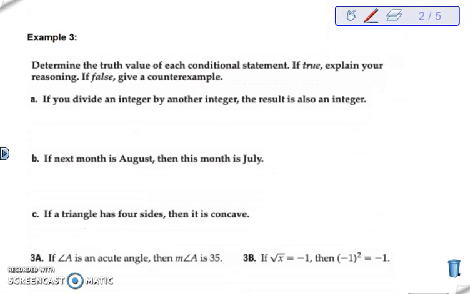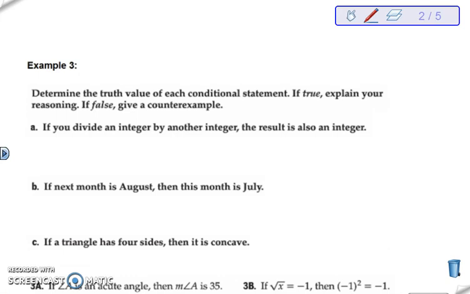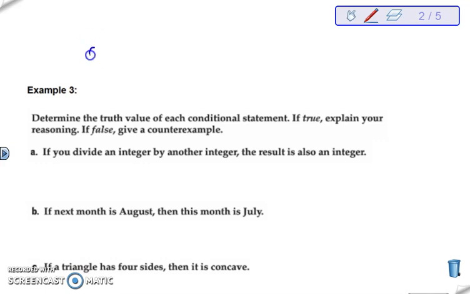All right, so for example 3, we're going to go through and try to determine whether the statements are true and false. This can be tricky because it's not as straightforward as it was with conjunctions and disjunctions. The phrase we want to remember here is: only false if broken promise.